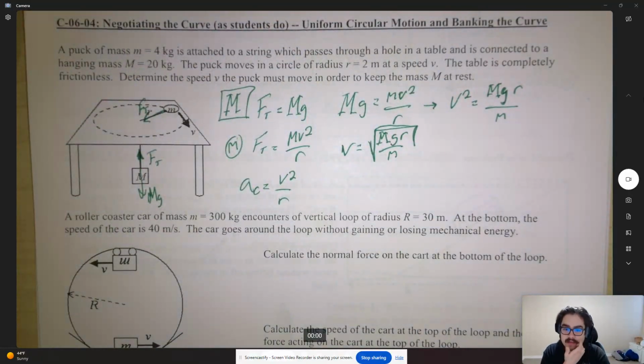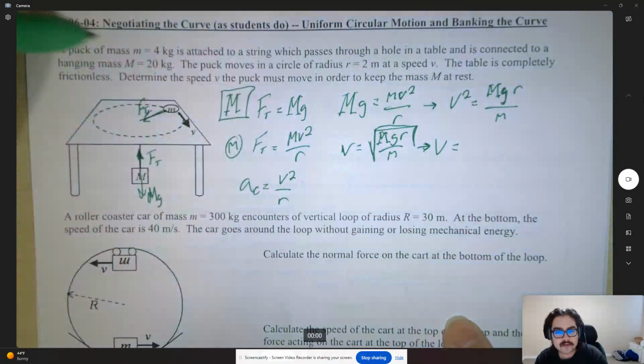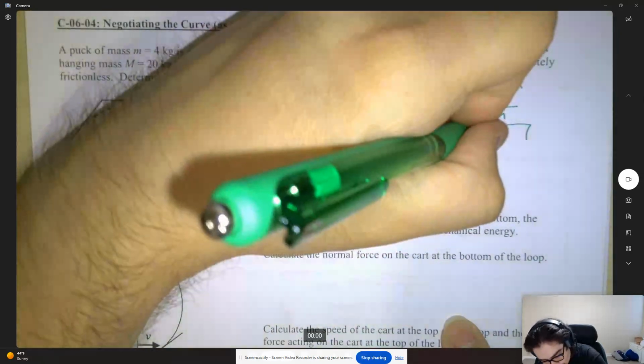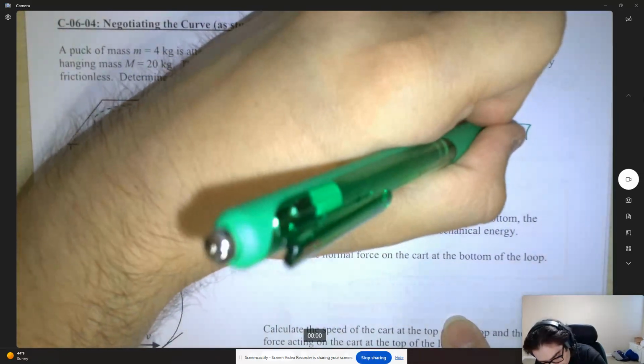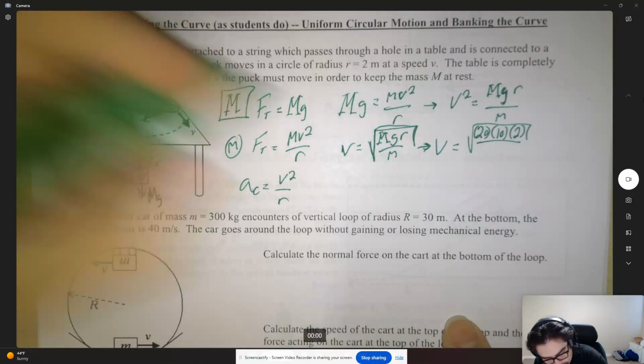So there's that. Now I'm just going to plug in all my numbers. V would be equal to the root of, what's big M? Big M is 20, G is 10, R is 2, and little m is going to be 4.